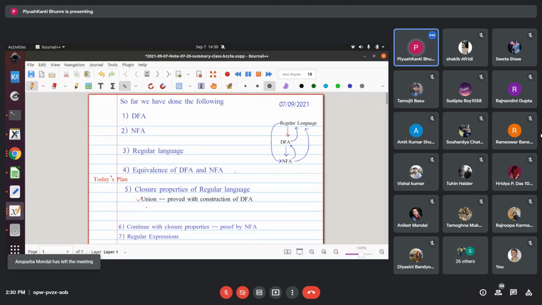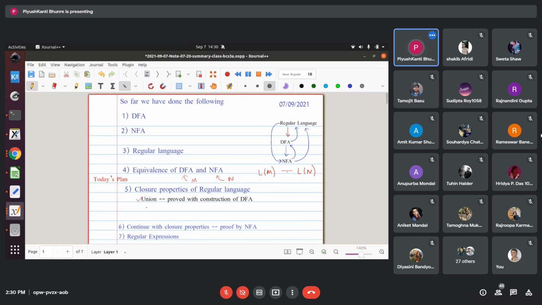Equivalence means basically if you have a DFA, say M, and an NFA N, the language recognized by the DFA is denoted by L(M). It is the set of all strings that are accepted by the automata. Similarly, L(N) is the set of all strings that are recognized by the non-deterministic finite automata N. Their equivalence means that given an NFA, we can find a DFA such that the DFA also recognizes the same language recognized by the NFA.